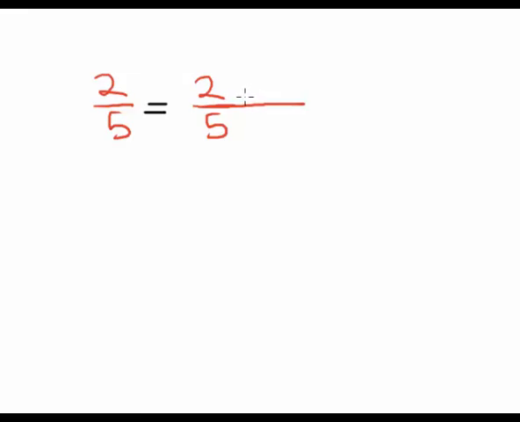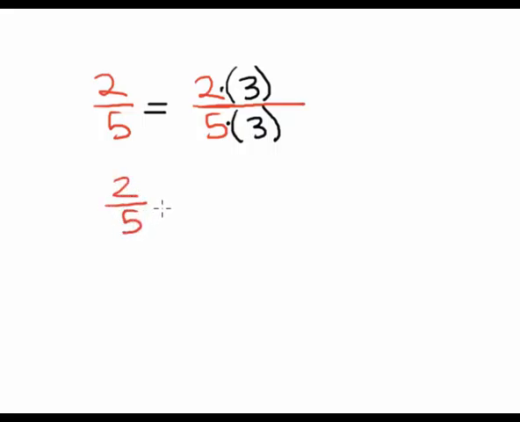Well, remember, when two fractions make a proportion, we can think about the numerators and denominators getting larger multiplicatively, at the same rate. So for example, what happens if I multiply the numerator and the denominator by 3? Do I get a proportion? Well, let's check it out.